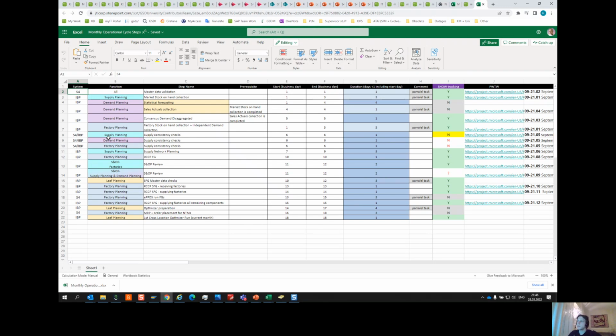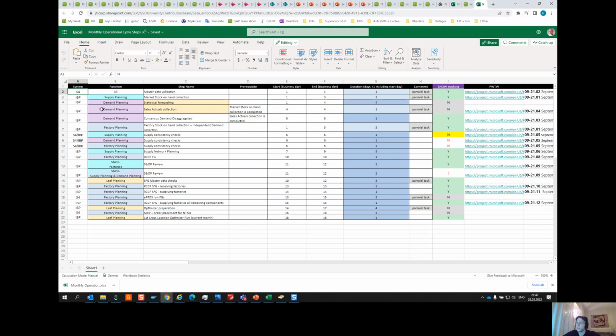But this model would be extremely rough because, as I also mentioned, we have 300 demand planners, for example, 300 supply planners, and 400 factory planners. So please don't think that demand planners work only 10 days a month, then supply planners work 10 days a month, and then factory planners.